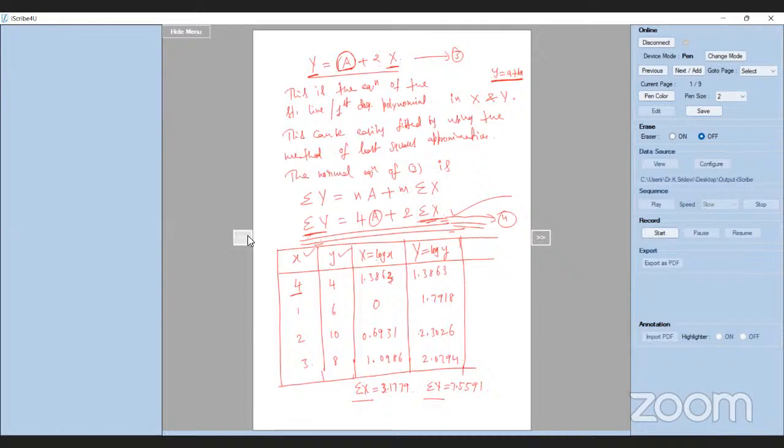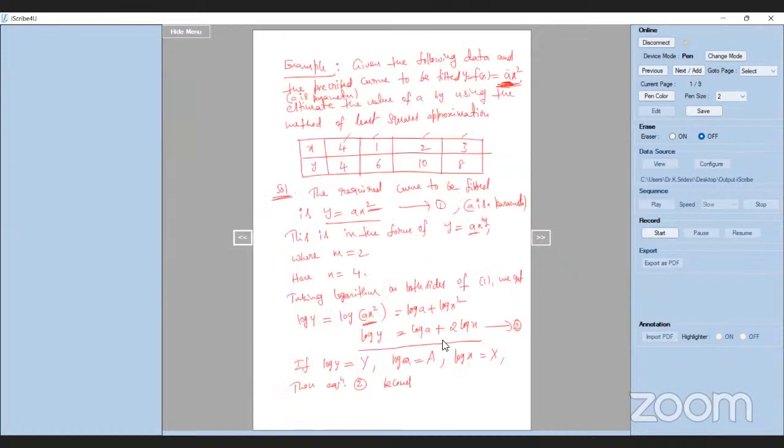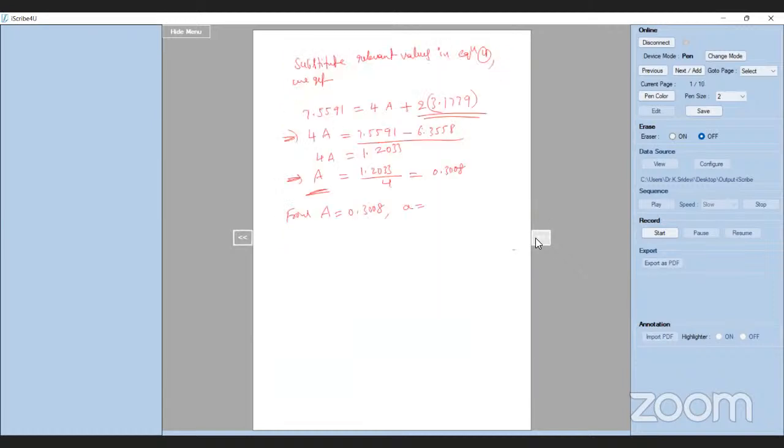From the previous page, log small a is equal to capital A, so a is equal to e to the power A. Therefore, small a is equal to e to the power 0.3008.